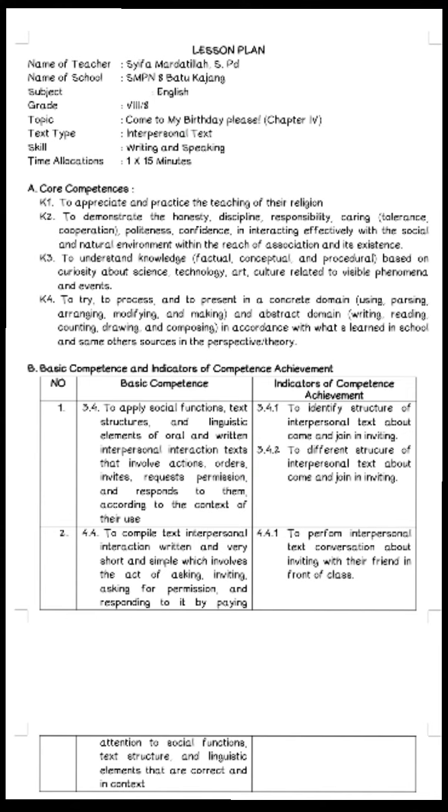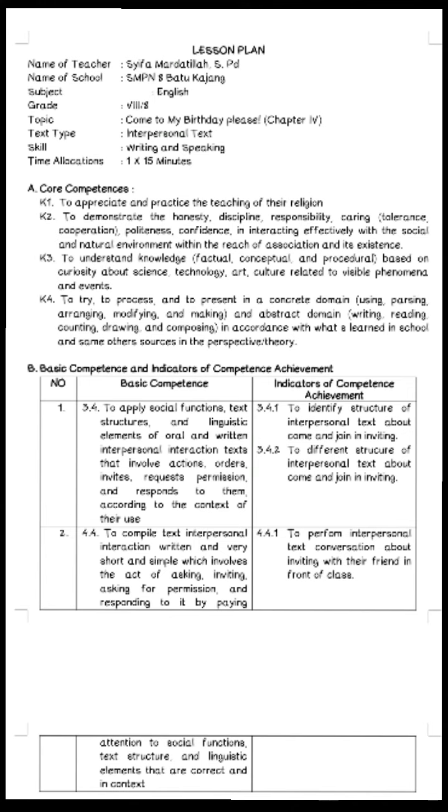First is 3.4: to apply social functions, text structure, and linguistic elements of oral and written interpersonal interaction text that involve actions, orders, invitations, requests for permission, and responses to them according to the context of their use.